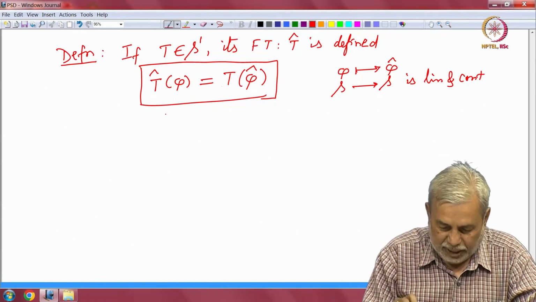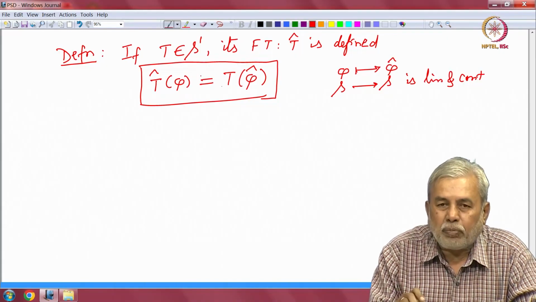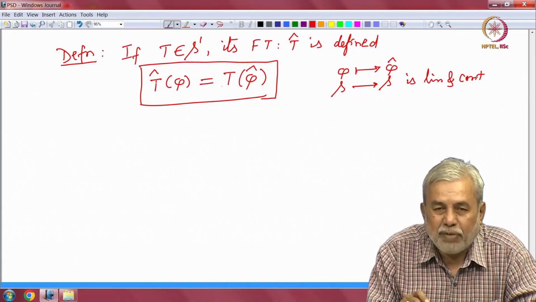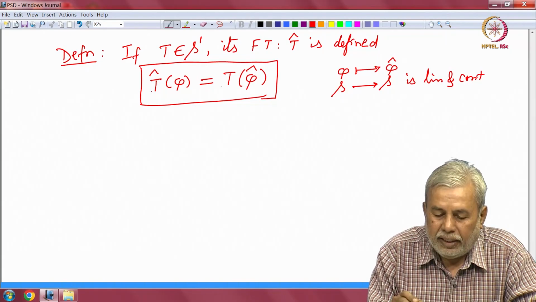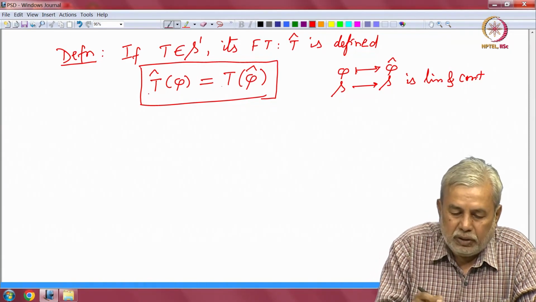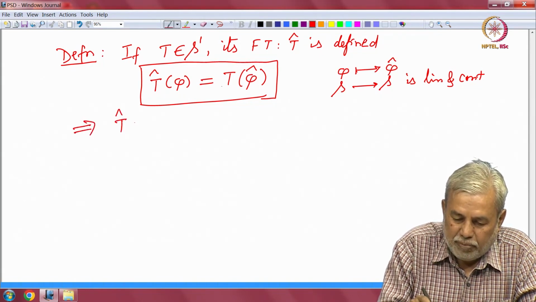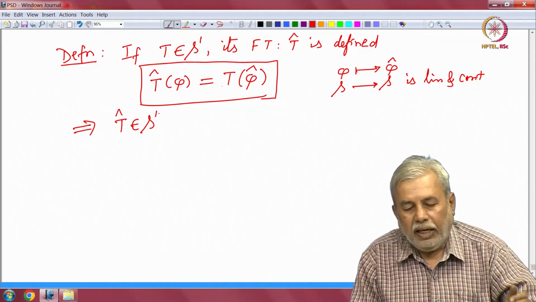So this definition makes good sense, and all other properties are easily verified. T cap is linear and T cap is continuous.